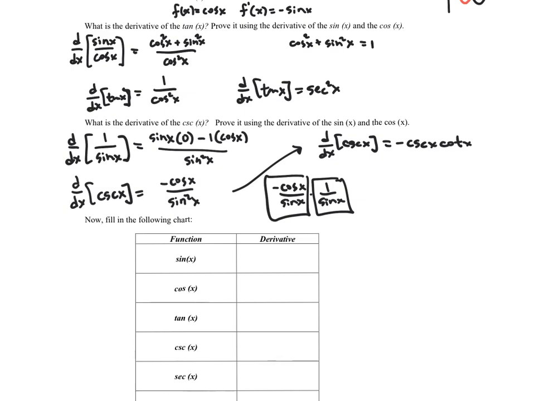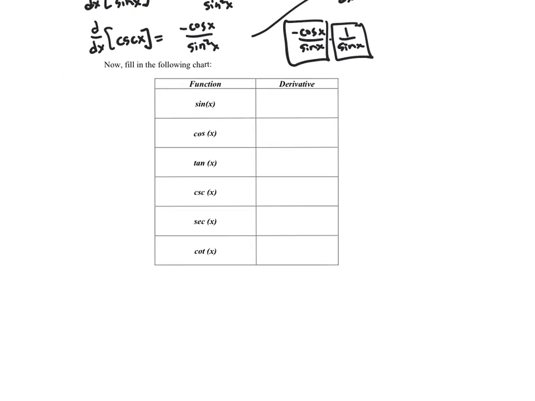All right, let's look at the trig rules chart. Derivative of sine x, cosine x. Derivative of cosine x, negative sine x. Derivative of tangent, secant squared x. Derivative of cosecant is negative cosecant x cotangent x.